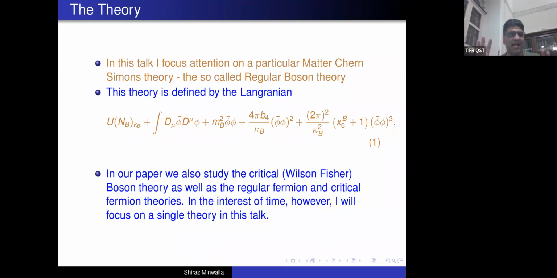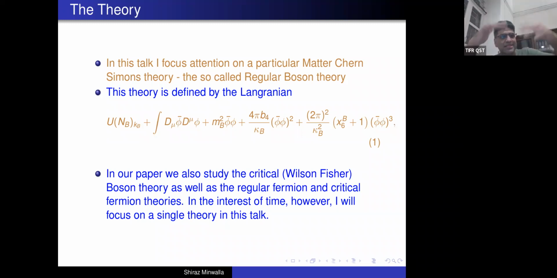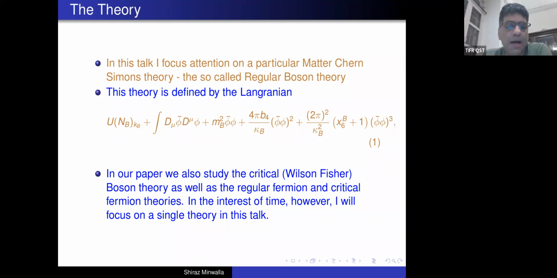So it feels like it's a theory that will not be easy to make sense of. If you add matter fields to that, this will regulate this divergence, but in a way that would be hard to get a tractable handle on. Even though I feel it's a very interesting question and it's worth thinking about more. But in this talk, we'll always be in 3 dimensions. Okay. Great. Thank you very much. Okay. Excellent. Fine.